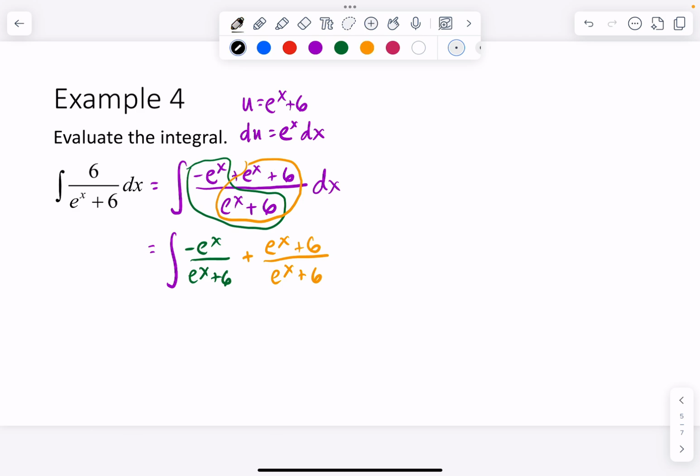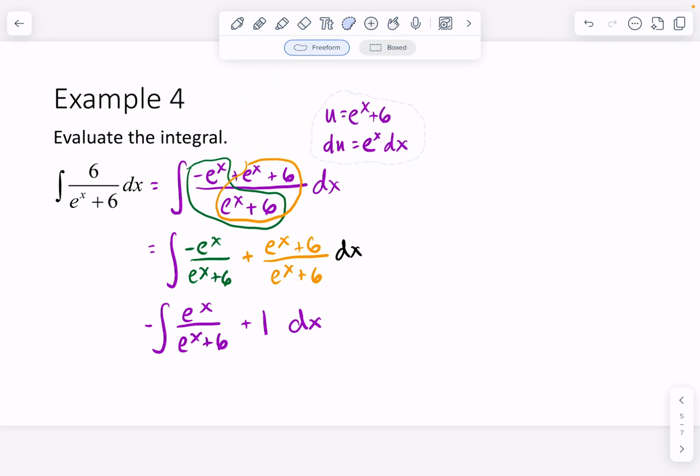And technically I still have a dx hanging out there. I'm going to use all the colors. So then I'm going to bring that negative out in front. E to the x over e to the x plus 6. I kind of have that u substitution up there in the top. Plus 1 dx.